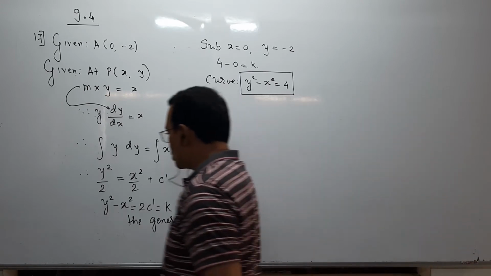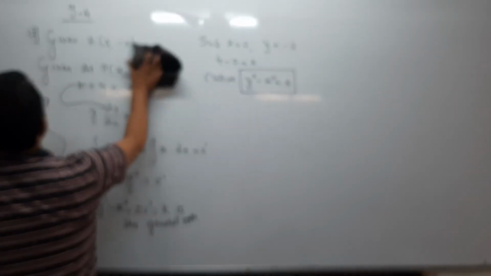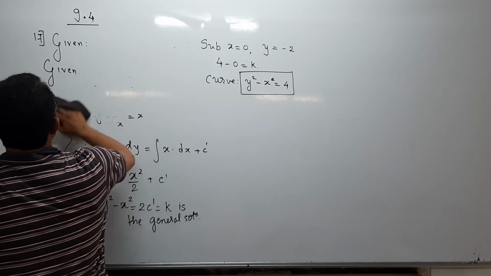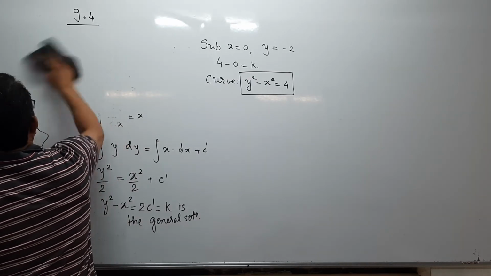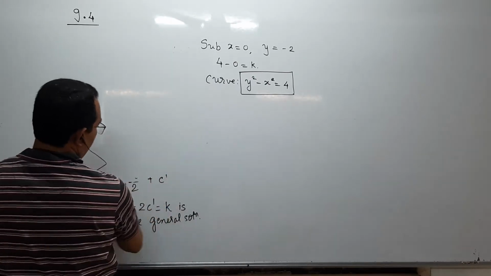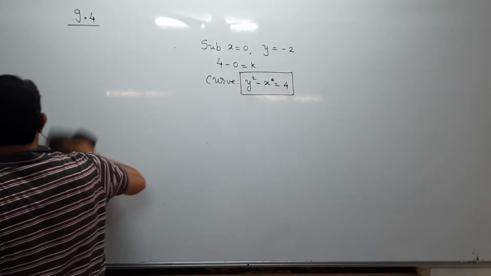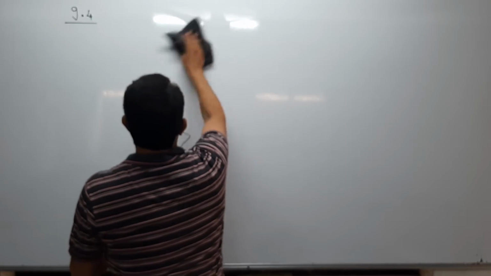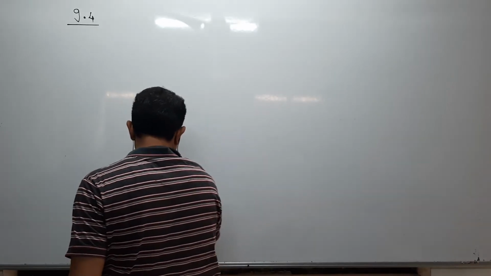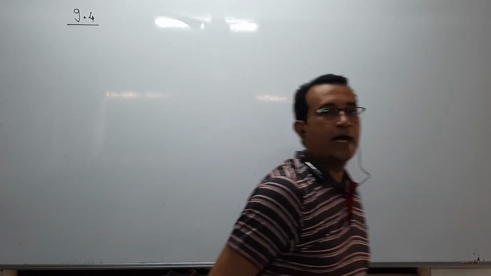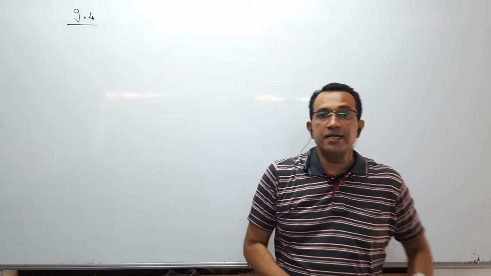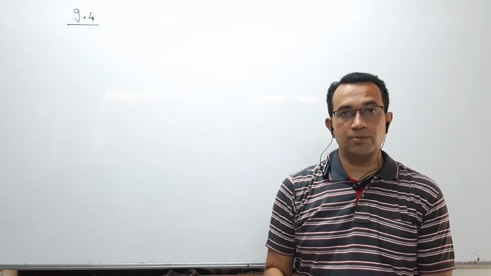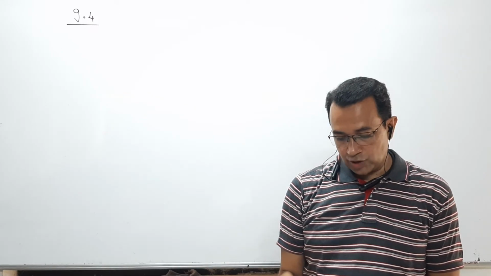Now let us do sum number 18. Now let us do students sum number 18 of exercise 9.4. These word problems are very interesting students, and this type of questions have repeatedly been asked in board examination.